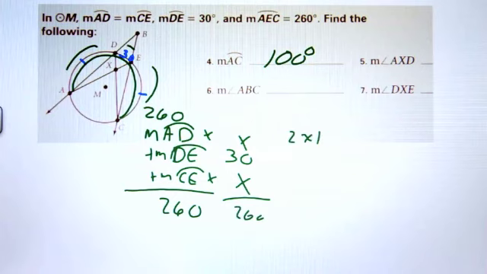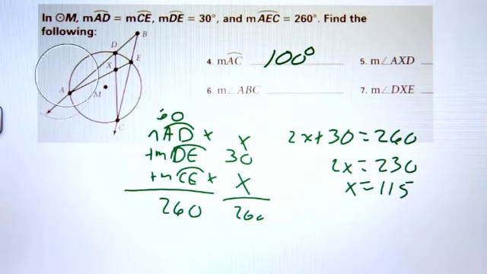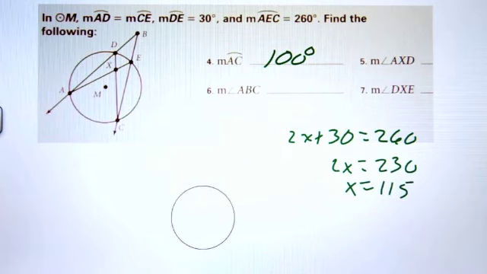So 2X plus 30 has to equal 260. So 2X must be 230. So X must be 115. Okay, let's take that information to our circle here. So this is 115. This is 100. This is 115. And this is 30. Okay, now we have all our arcs.